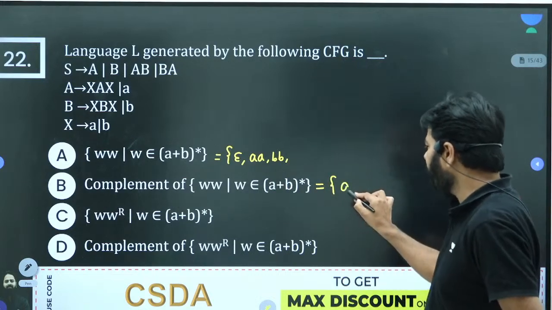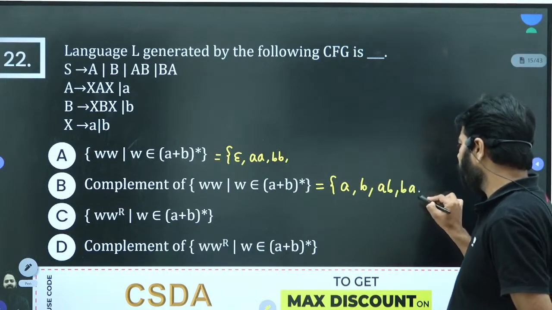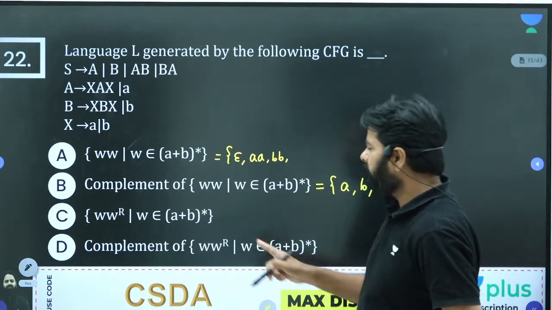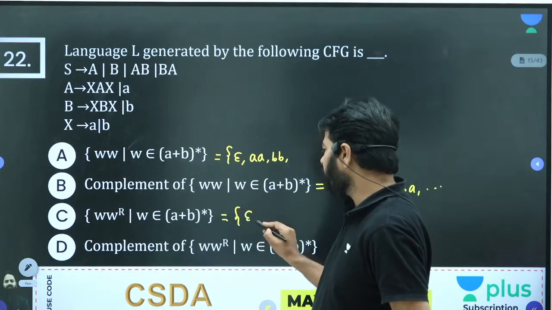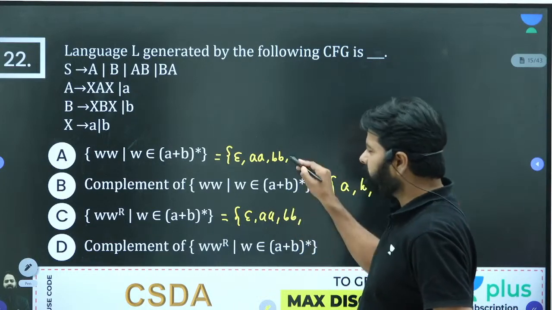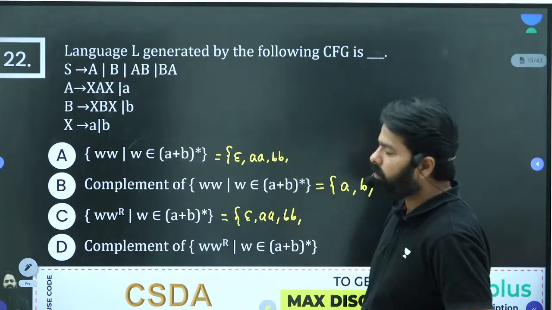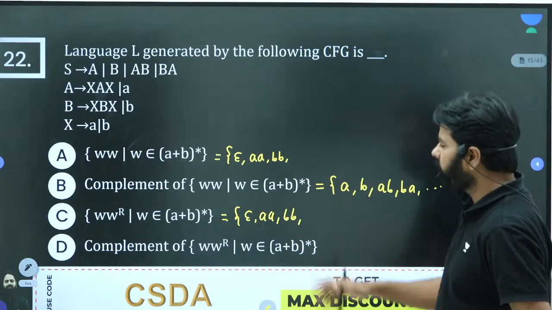It will have A, it will have B, it will have AB, it will have BA, and so on. In reverse, the same strings will match. Let's write epsilon, double A, double B, and up to here it is matching. Then it is very difficult to eliminate these two options if they are left. Okay, we'll see that if they are not left, then we need not worry about it.